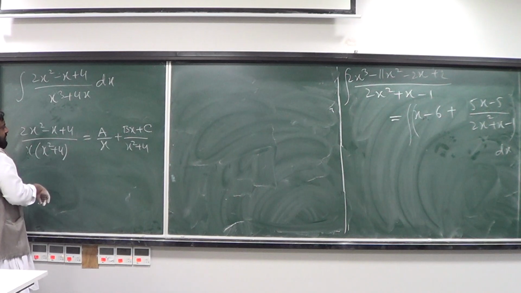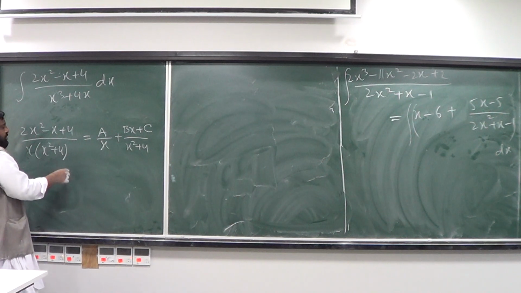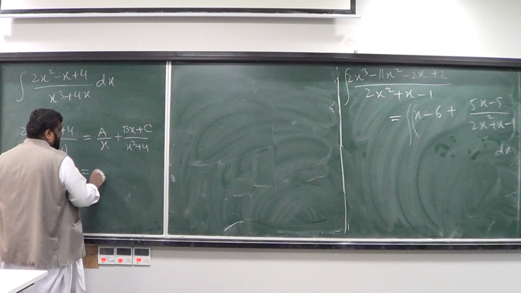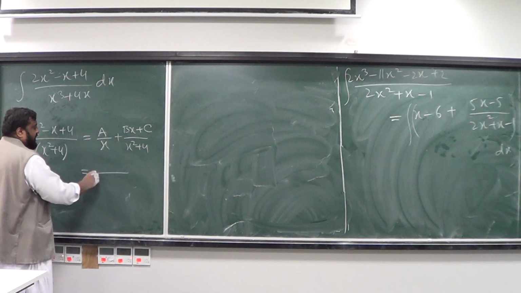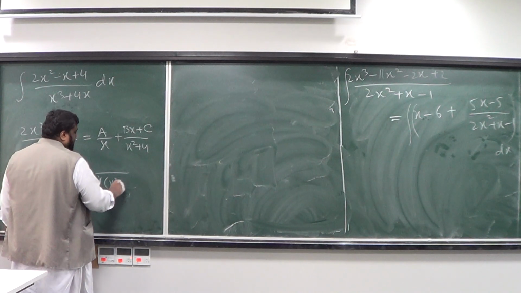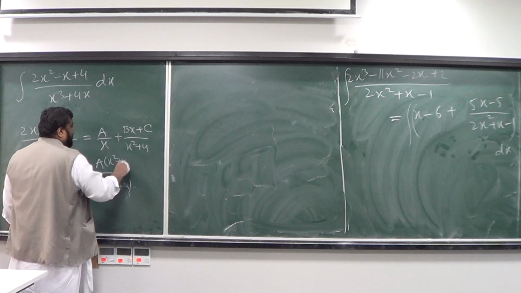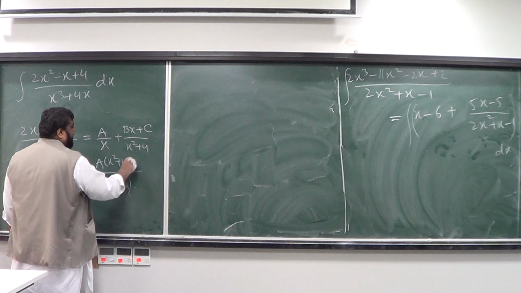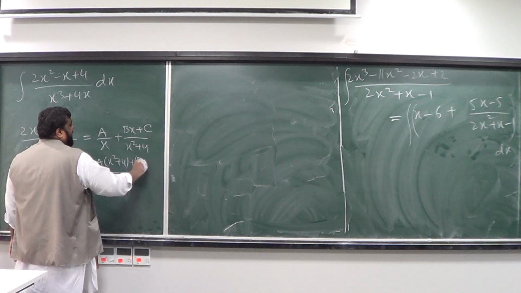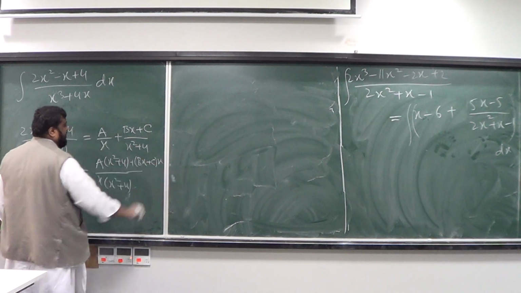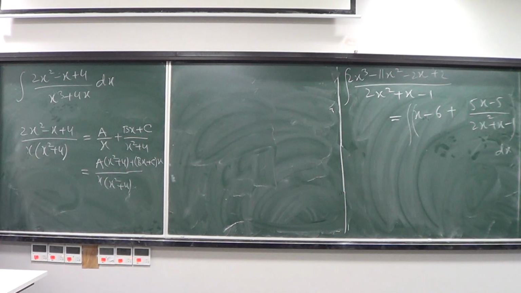So what should be the first step? Do the LCM: x times x square plus 4, and A times x square plus 4, plus Bx plus C times x.